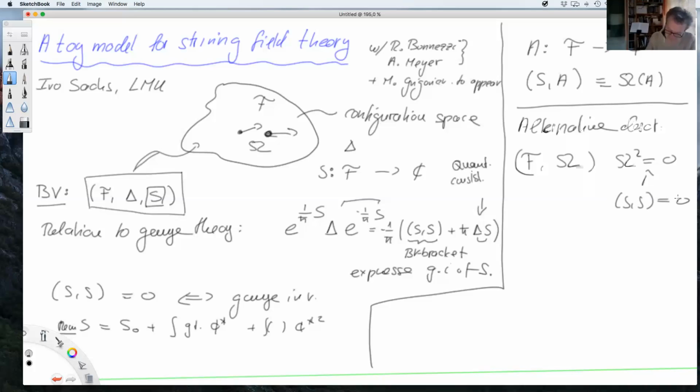This BV bracket, I didn't say too much about it, but it's a Lie bracket in the sense that it satisfies the Jacobi identity. Okay, so that would be another way of characterizing it. You have a space of fields with what's often called the homological vector field. So the thing is now we can study this purely geometrically. Now we could say, let's study the zero locus of this vector field.